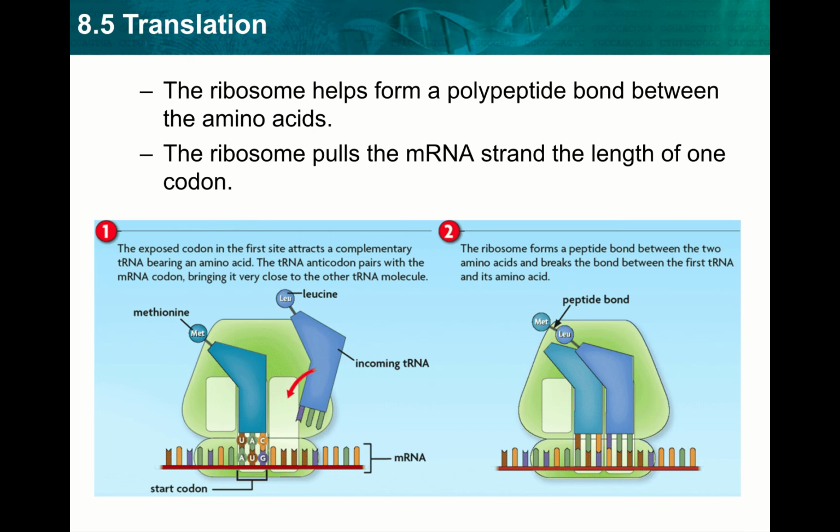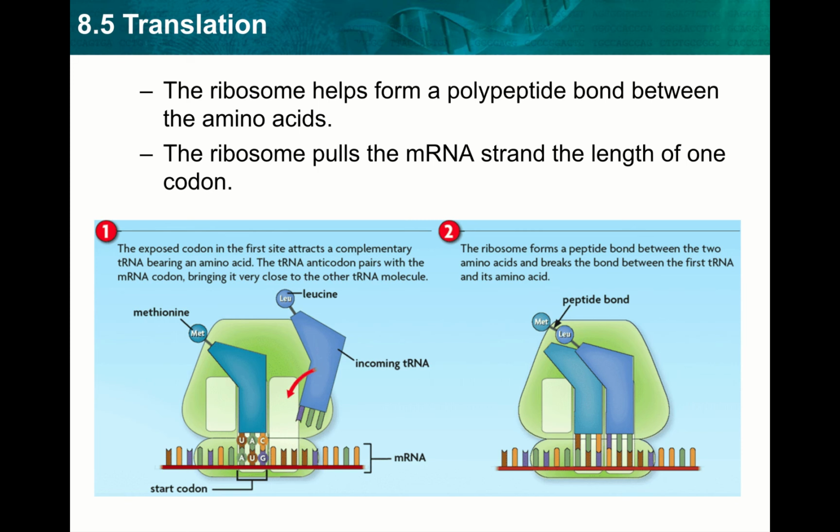As soon as that is happening, the next tRNA comes in, binds to the complementary codon. The anticodon and the codon bind together. They're complementary to each other. They get close enough to each other, which then they would release the next amino acid.